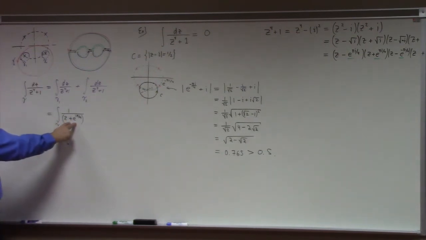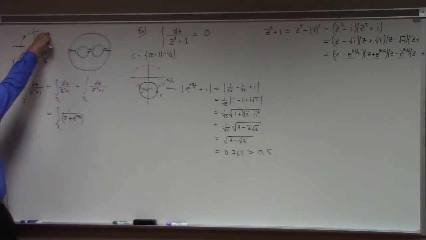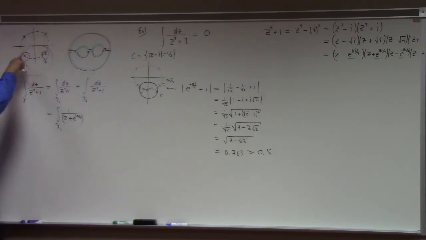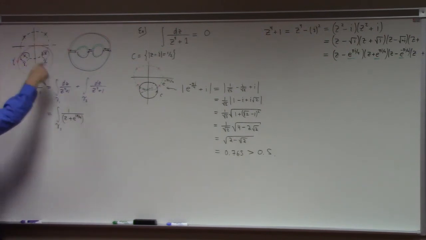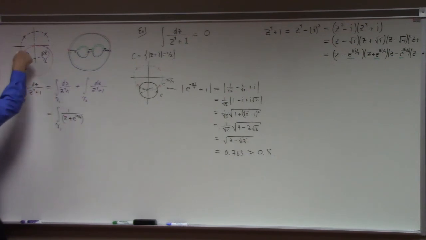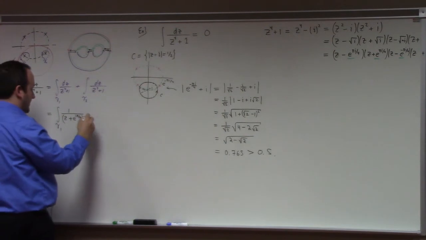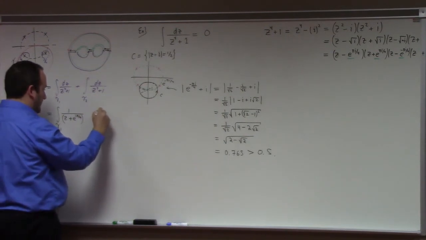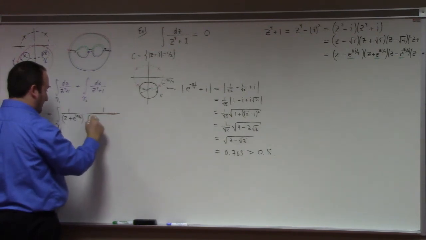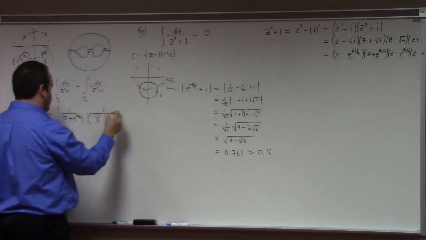Because this is equal to 0 right there, because that, see, that's e to the pi i over 4, this is e to the minus e to the pi i over 4, right? So this term is 0 at that singularity inside gamma 1. And then you have everything else, right? You have 1 over the other 3 terms. All right?